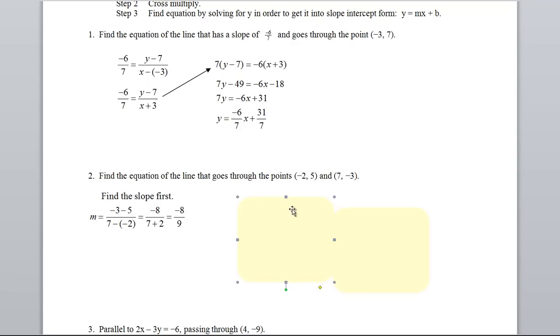So now I'm going to put my slope and then do y minus y value, x minus x value. So let me move this down a little bit more. So there's my slope, y minus y value, x minus x value, and like I had earlier, I need to make this positive.